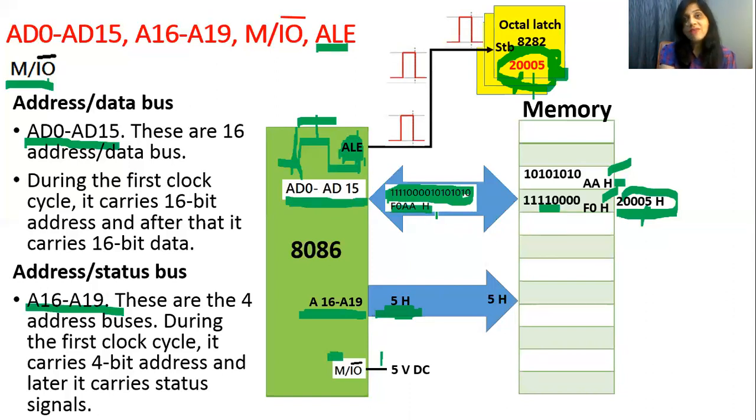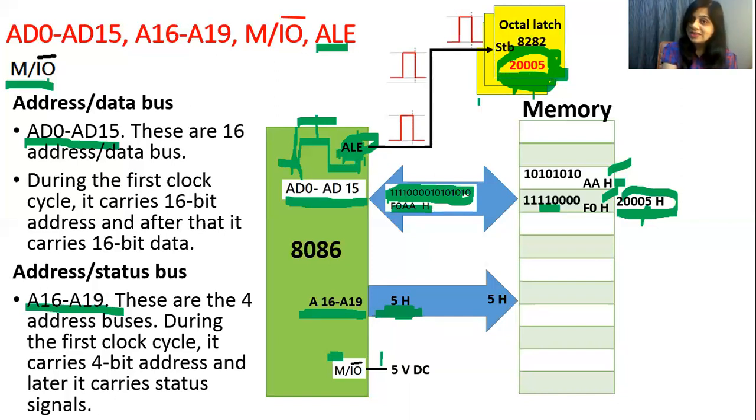So when the same wires carry data later, this address would get lost. To avoid this, there is the octal latch. The octal latch is used to store this 20-bit address. But who performs this function? There is the address latch enable pin which transfers this pulse to the octal latch, and after the octal latch receives this pulse, it will latch this address inside.